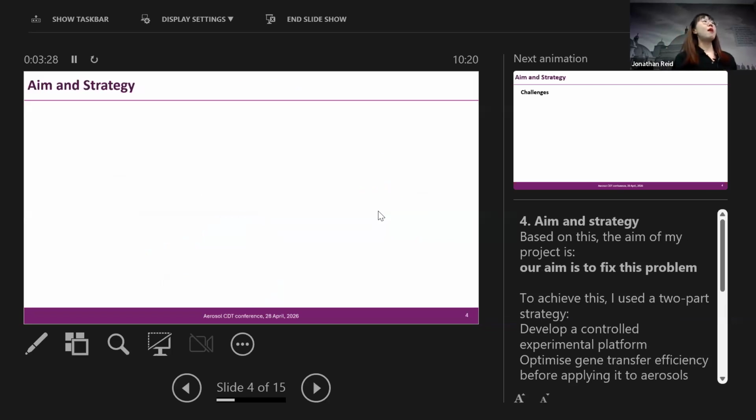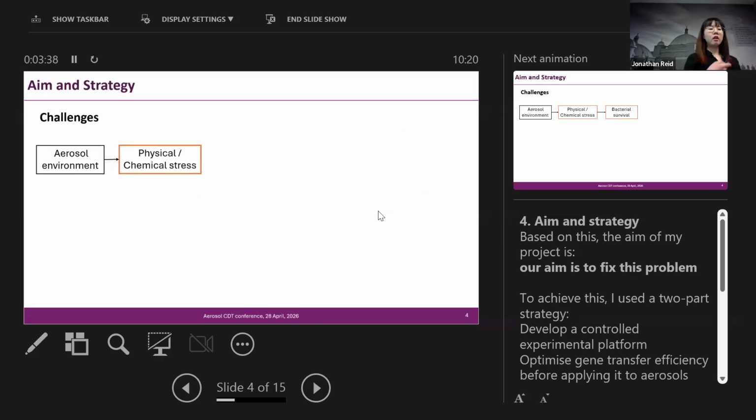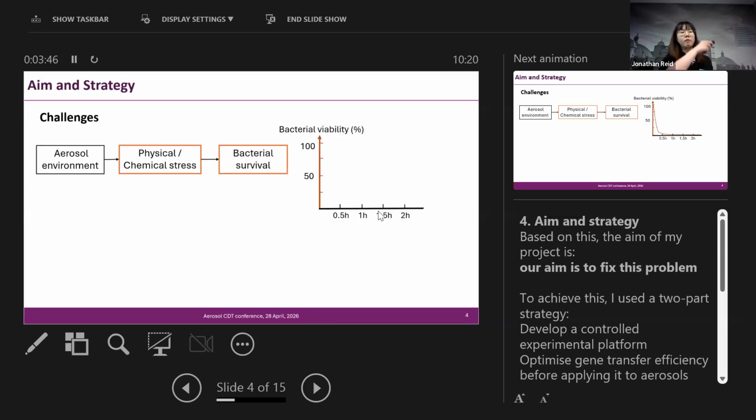But there are also some challenges here. As we have investigated so far, in the aerosol environment there are a lot of physical and chemical stresses like dehydration and oxidative stress. The bacteria die very quickly in the aerosol phase; about 99% of bacteria will die after 1 hour.